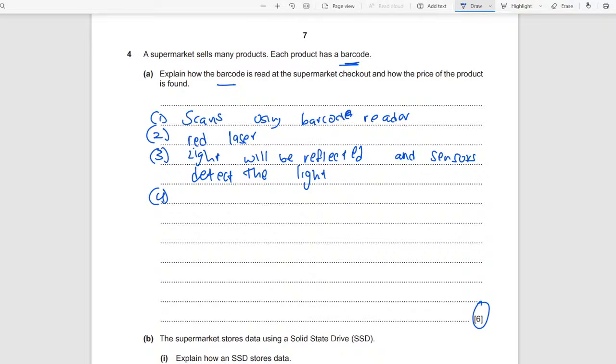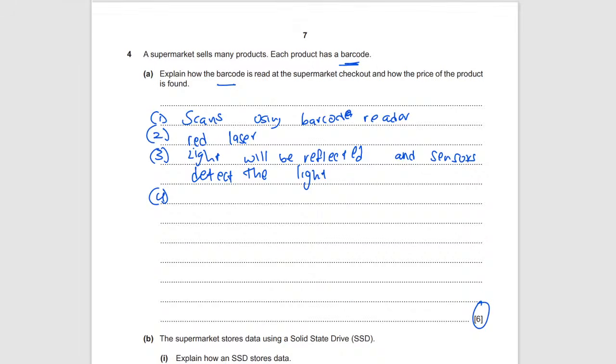After that, the different reflections will give different binary values, and this is then converted into digital values, and we create your data that will be inputted into the program or wherever you're storing it. So let's write that right now.